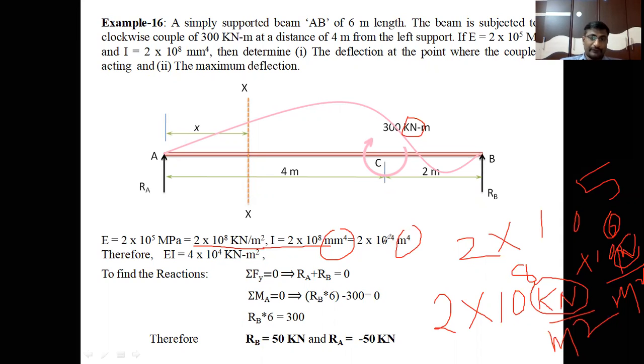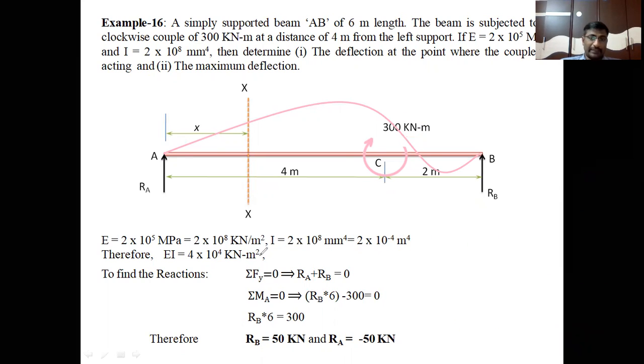So 2 into 10 to the power of 8 into 10 to the power of minus 12, we will get 2 into 10 to the power of minus 4 meter power 4. Clear, students? After getting the E and I values, multiply those two, we will get the flexural rigidity value as 4 into 10 to the power of 4 kilonewtons meter square.